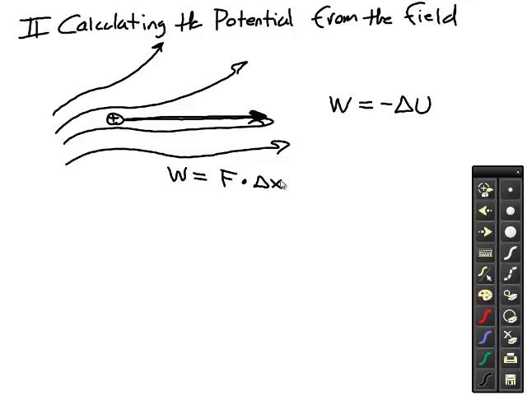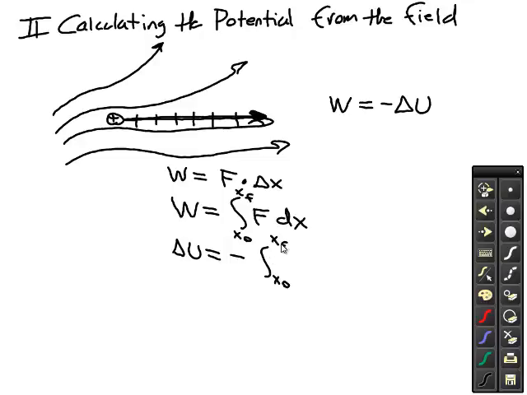Now here's the problem. The E field is changing as we go. So as we move this guy along, the force is going to change. If the force changes, we have to quick say, oh, Miss Stoughton, we need you, or at least the tools you provide, and we say work is the integral from x naught to x final. The difference in potential energy is the negative of that work done by the field from x naught to x final.